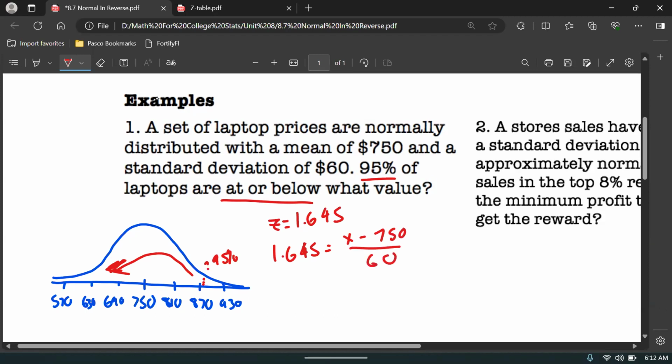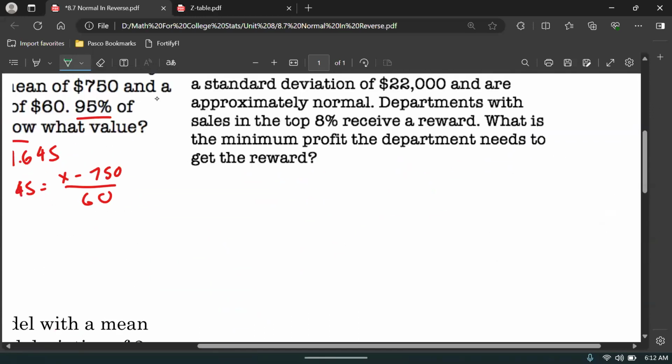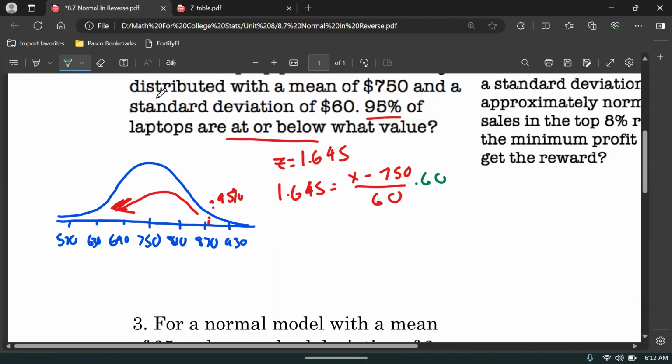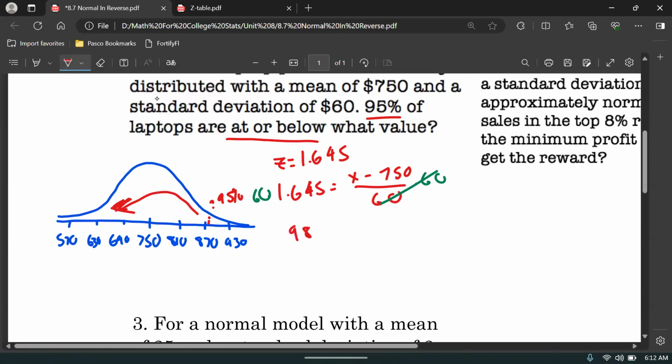So if we solve this by hand, we would, of course, multiply by 60 first. Cancel that out. Let me grab my calculator. We have 60 times 1.645. So that on the left becomes 98.7 equals X minus 750. So then we just add 750.